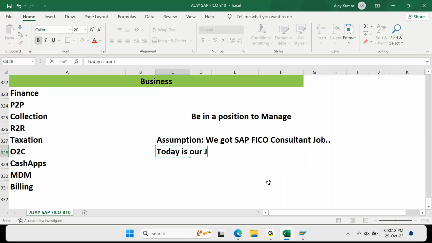Today is our joining date. Possible? Assume that you got an SAP FICO consulting job and today is your joining date.